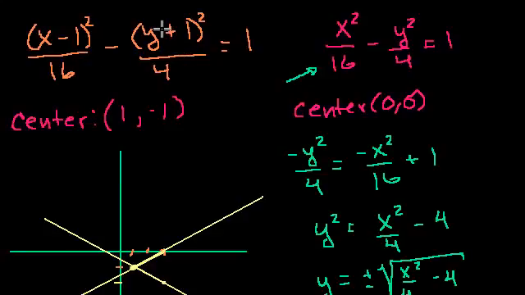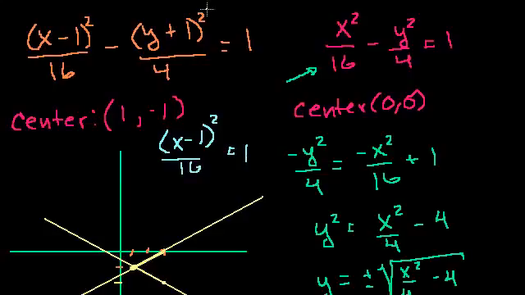So y could be equal to negative 1. Let's try that out. If y is equal to negative 1, this term right here disappears, right? Negative 1 plus 1, that's 0. So when y is equal to negative 1, you're left with (x minus 1) squared over 16 is equal to 1.